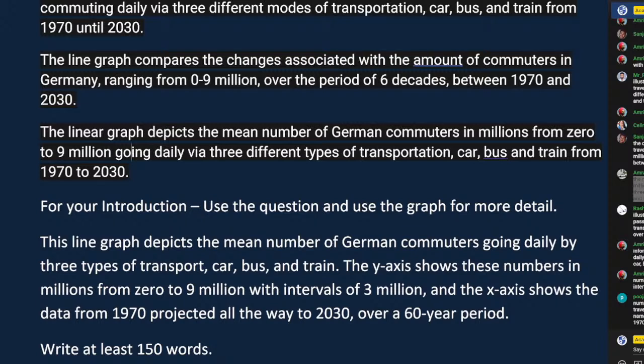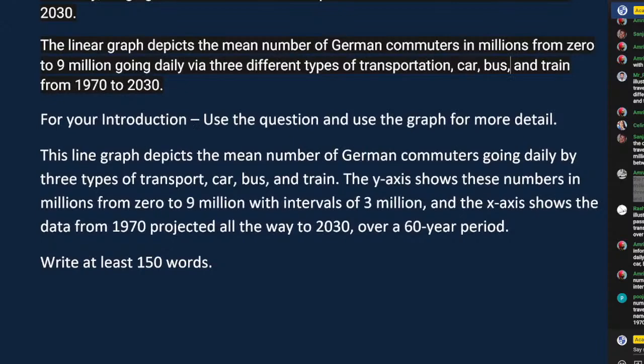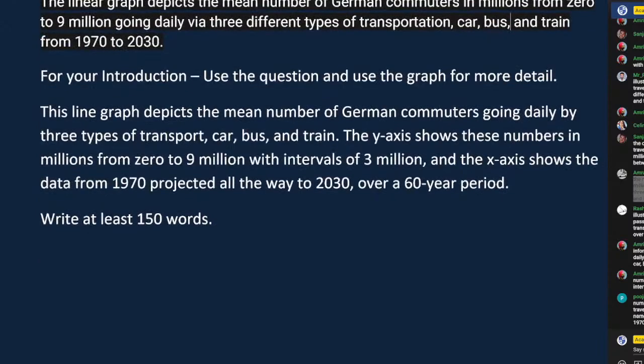So the linear graph depicts the mean number of German commuters in millions from 0 to 9 million going daily via 3 different types of transportation: car, bus, and train from 1970 to 2030. Okay. All right, good. A couple of differences between your paraphrasing and mine is I use the word projected here.